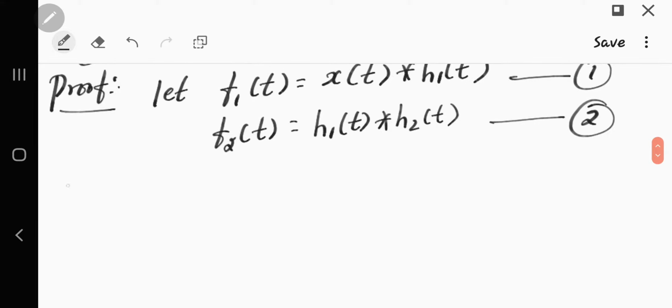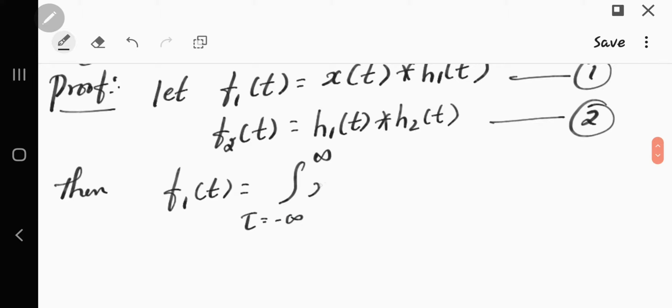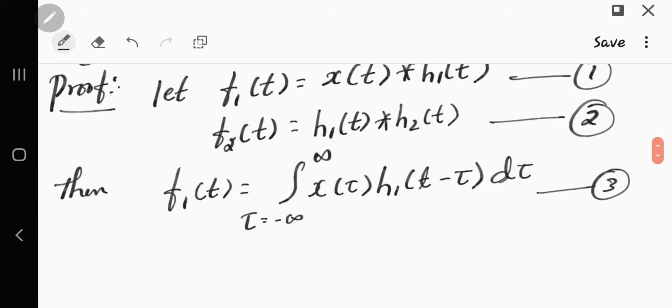So from the definition of convolution sum, I can write f1 of t is equal to integral tau equals minus infinity to plus infinity x of tau h1 of t minus tau d tau. So give it a number, equation 3.